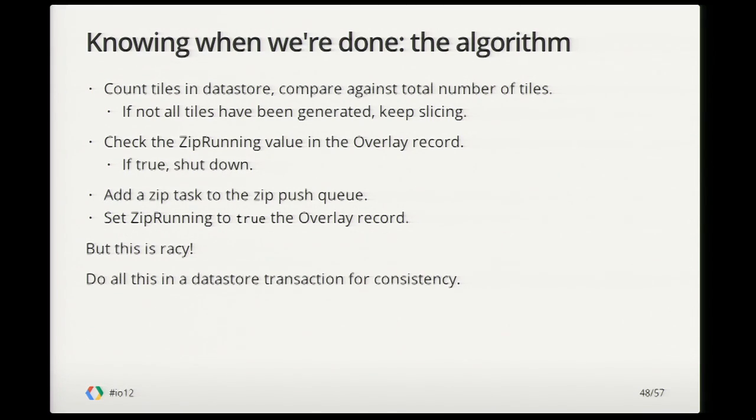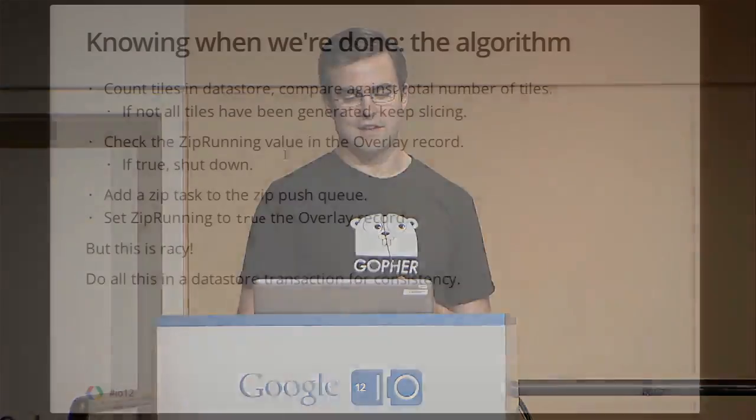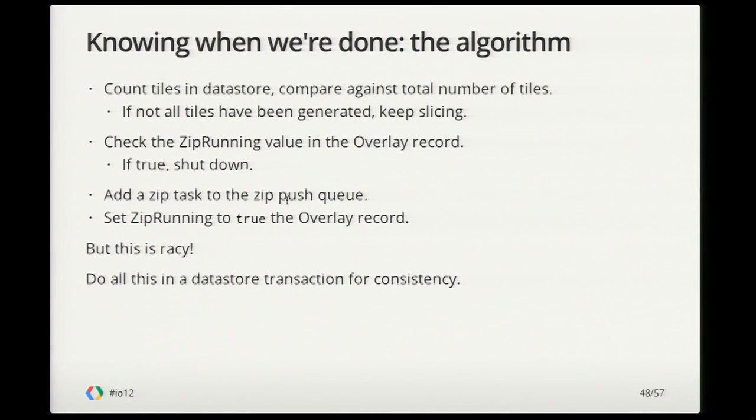With the Go runtime, that's as simple as creating a function closure which encloses all of these operations, and then running them with the run-in-transaction function. And this even applies to adding the task to the task queue. Task queues are incorporated in data store transactions, and that's a really nice mechanism.